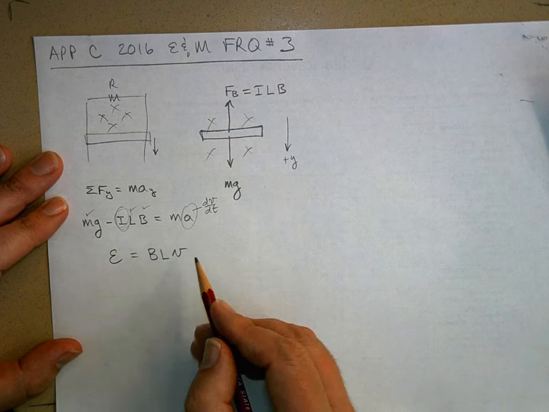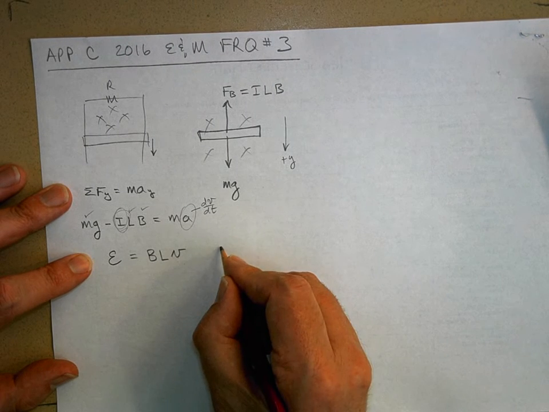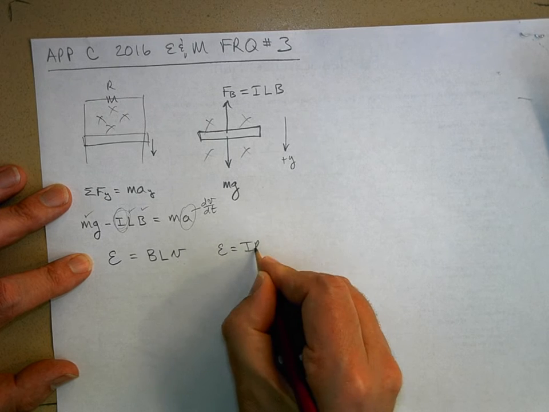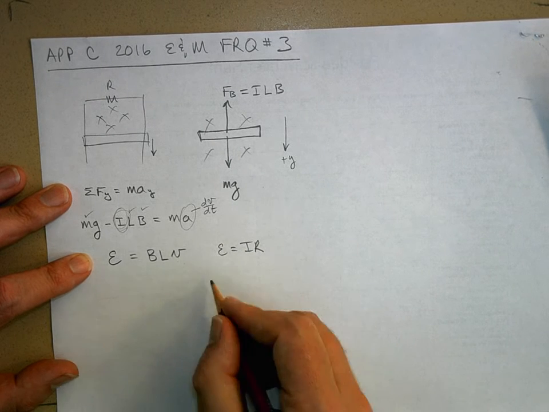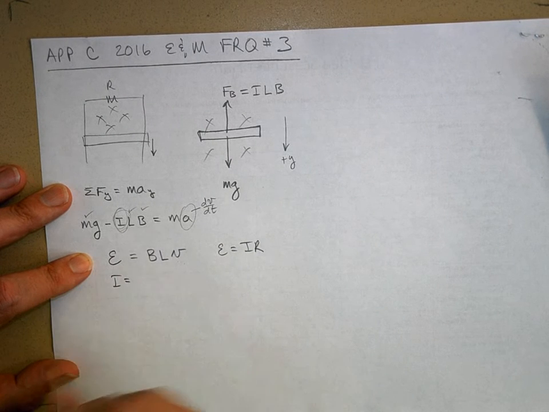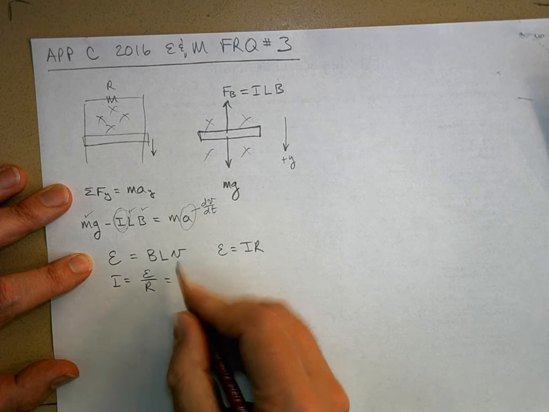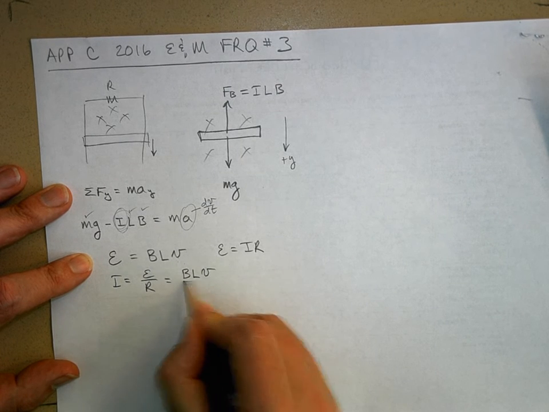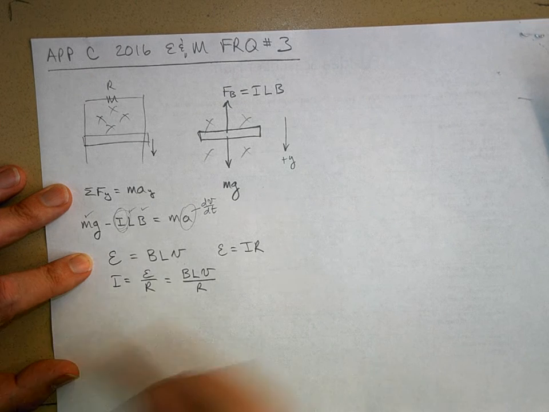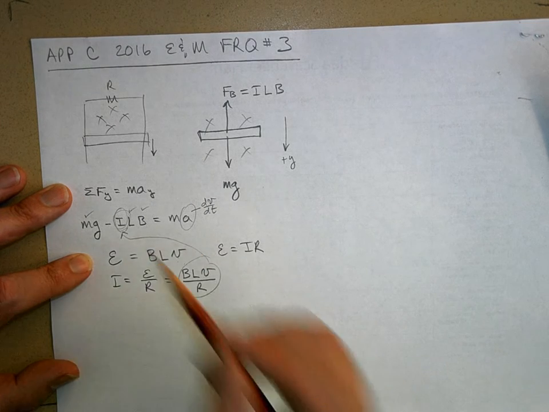But E also equals I R. So I is going to be equal to E over R, which is B L v over R. So now I'm going to substitute that in here.